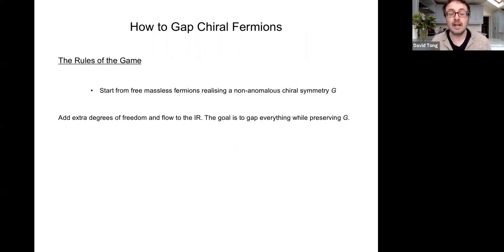All right, so that's the question I want to ask. How do you give fermions a mass without breaking chiral symmetry? Here's the setup. You have a bunch of massless fermions. And as I said, there's a symmetry G under which left and right-handed fermions transform differently. It's non-anomalous. For the purposes of the discussion, it turns out to be much more useful to think of G as a global symmetry rather than a gauge symmetry.